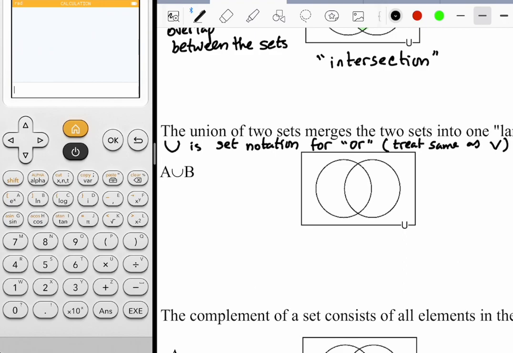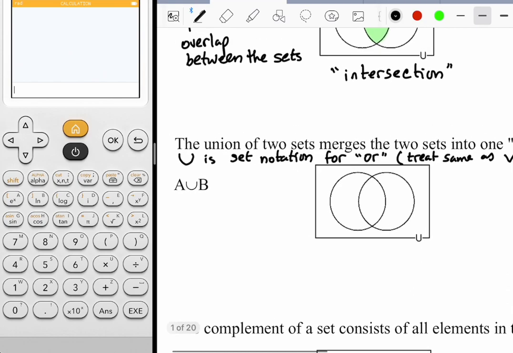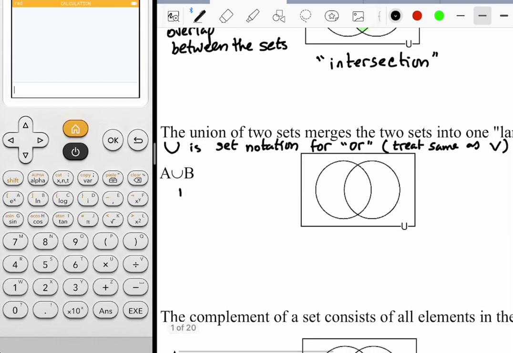If I'm wearing shoes and socks concurrently, that works, that satisfies it. So what I'm looking for is the total coverage of the two sets.